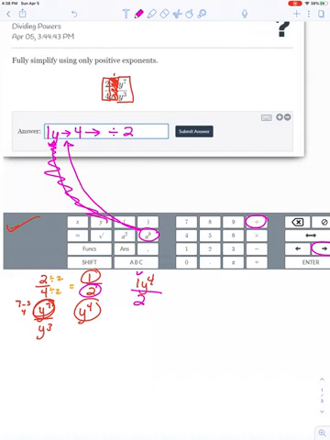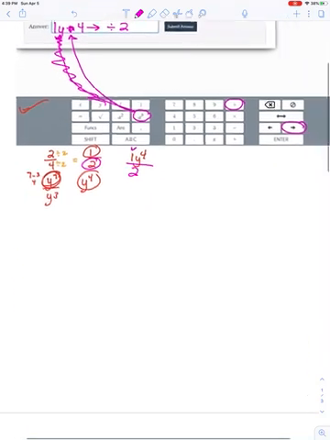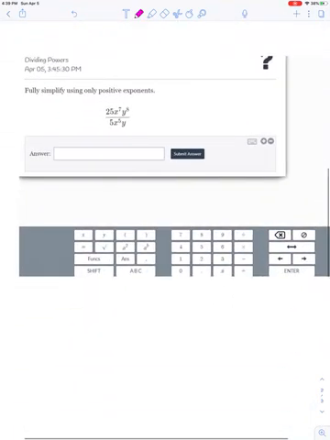Y, then the exponent key. So I don't need this arrow. 4. Now I'm going to click over and then divide and then 2. Okay, that is correct. And that's why I'm going to do another example for you all in case you need the extra practice. Okay, so again, this gets you more problems in as examples as well.